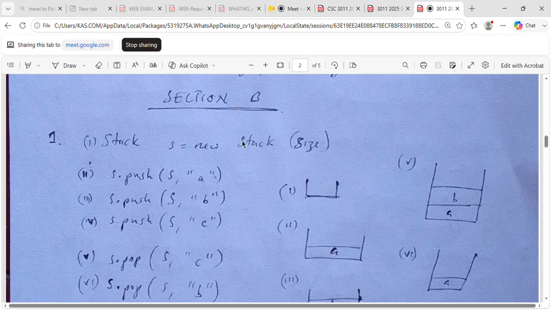Yes, this is created using a new keyword. Okay, this is an object. Then new is used to create what? No, not an array.